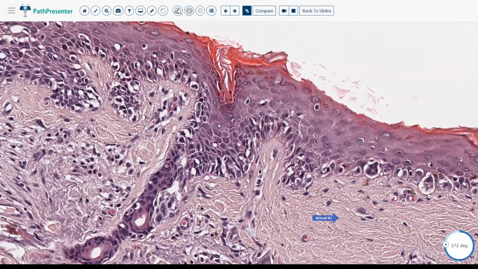It will try to stop where the adnexal epithelium is going to start, like the hair follicles, and it's not going to spread across this. So this is also a very important feature that we have to pay attention to.